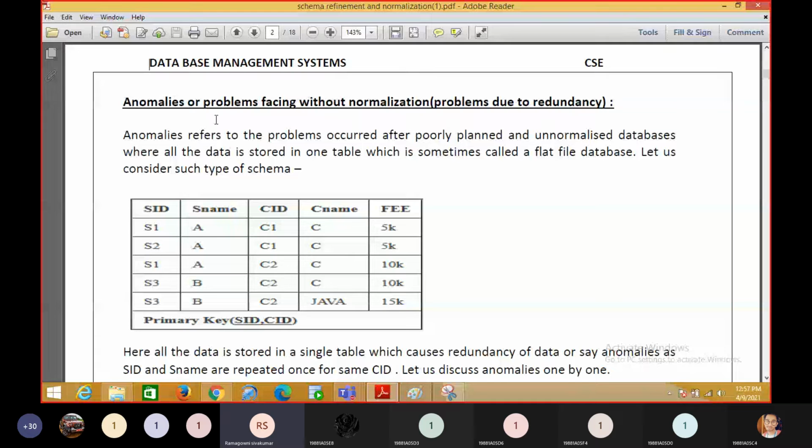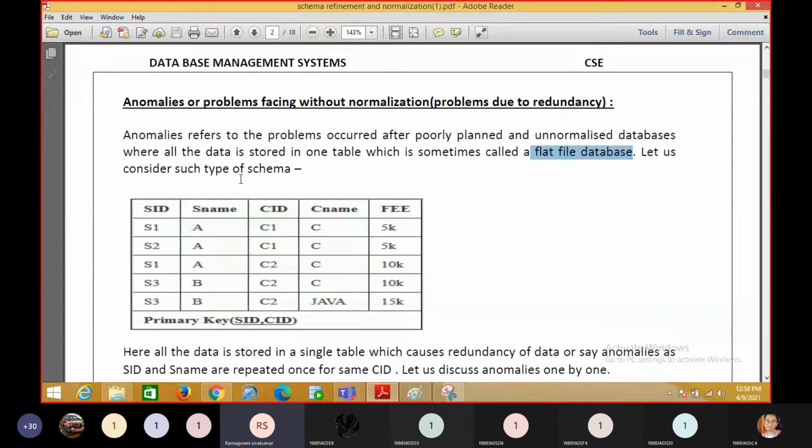Anomalies are problems faced without normalization. If you are not using normalization, what are the problems with the redundancy? We will see here.